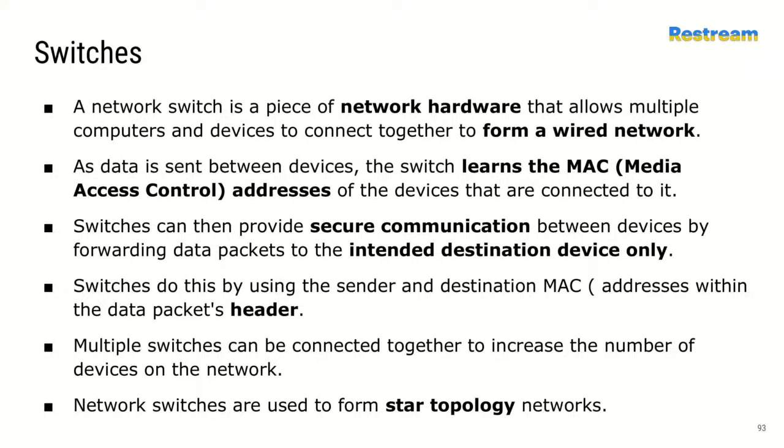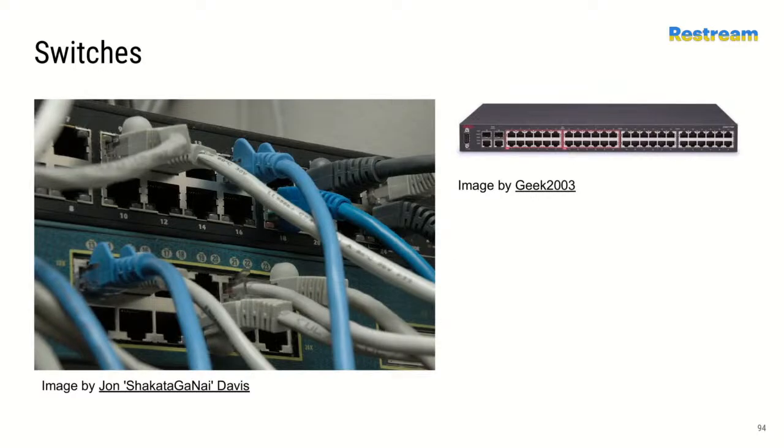It forwards the packets to the intended recipient using MAC addresses. So a switch basically acts as a director in a wired circuit, and it forwards a packet to the intended recipient using its MAC address. And that is what a switch would look like.